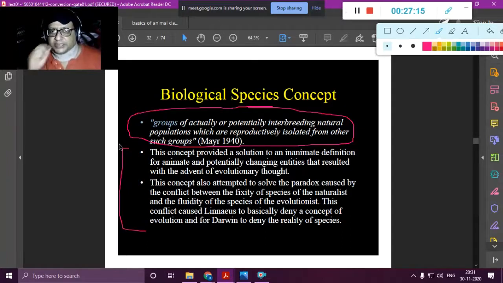Now another species concept originates from this, and that is the evolutionary species concept. In the biological species concept, there is a drawback. How do you define your ancestor? Can you mate with your ancestor and have fertile offspring?